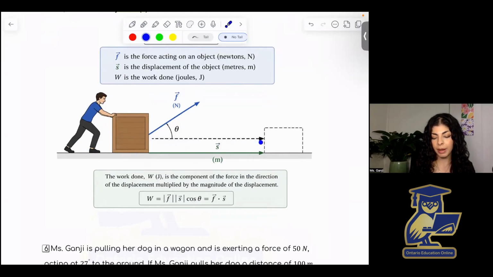So it has moved this amount of distance to the right and it ends up here. And the force that he's putting on it is both right and upward based on, for example, his placement on the box. And so this is the direction of the force vector, which is the force that he's putting onto the box. And so the work that he's done is going to be the dot product of F and S.